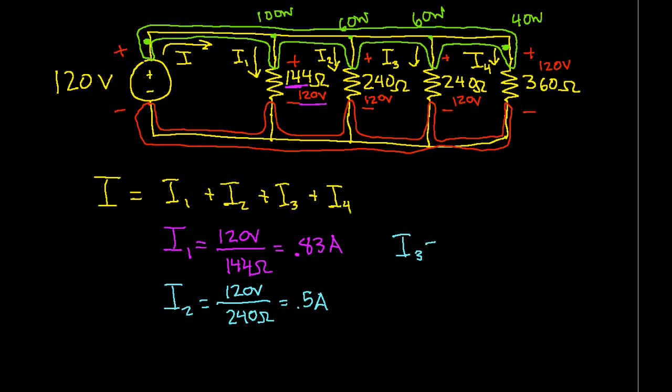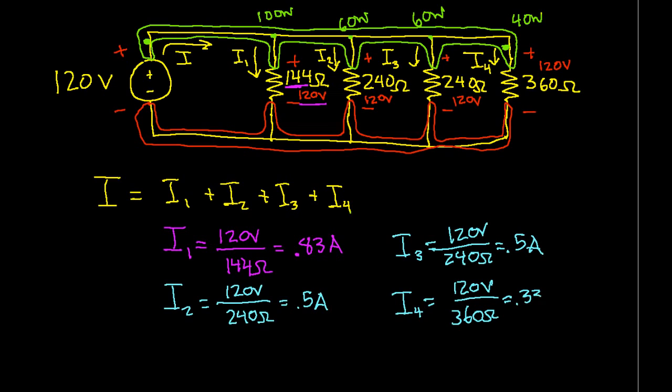I3 will be the same, 120 volts over 240 ohms, which is 0.5 amps. And I4 will be 120 volts over 360 ohms, which is 0.33 amps.